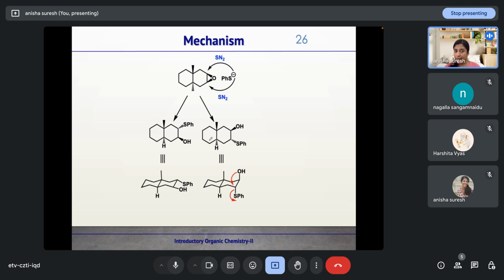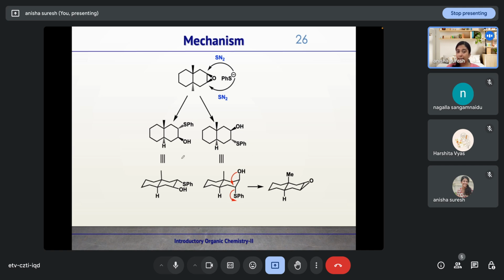So here we can draw the chair conformation for this decalin system, and we can find that the alcohol and the SPh both are coming in the axial position. Once the lone pair on oxygen attacks in SN2 fashion, the thiophenol can leave, giving back the starting material.